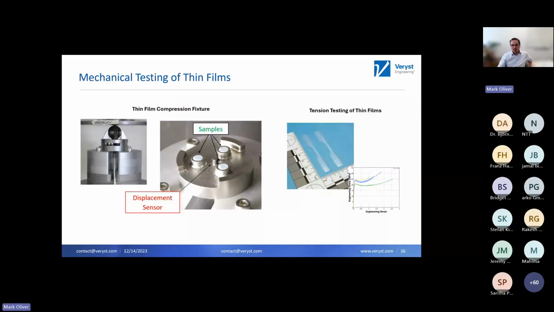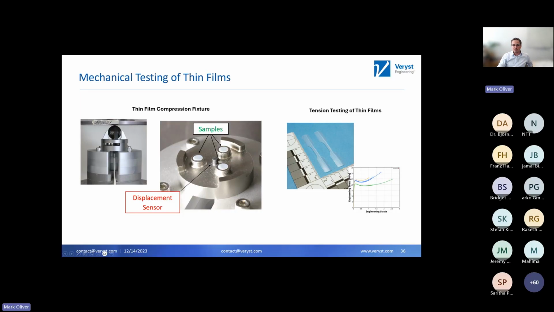So this is a custom test fixture that we created specifically for measuring compression of thin polymer films. We've used this a lot for adhesives as well. And this sits inside of a universal load frame, but you put 3 samples of the film that you're interested in. And we've done this for films down to at least 50 microns, I think maybe lower.